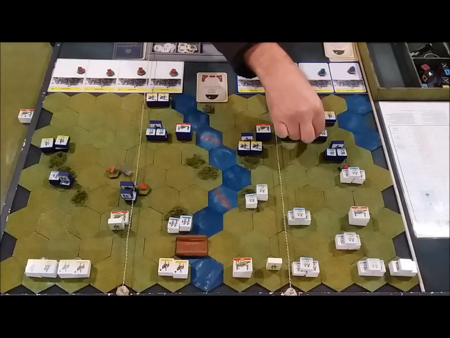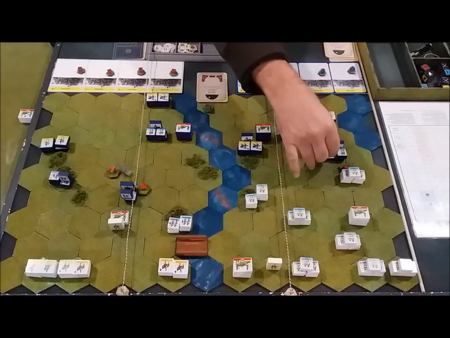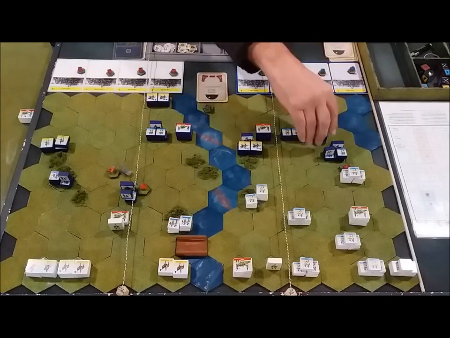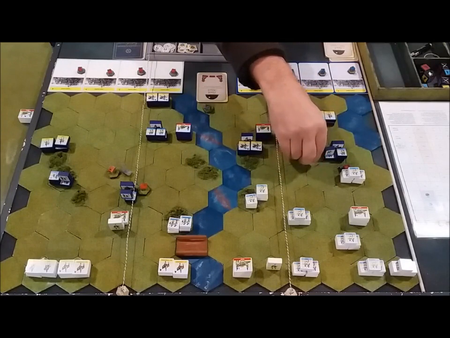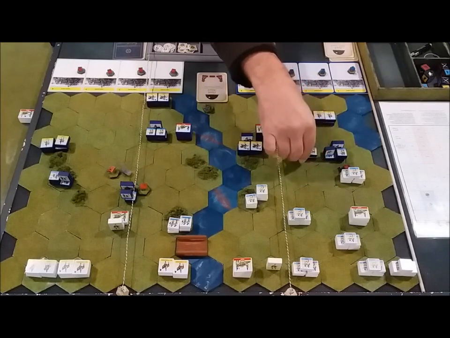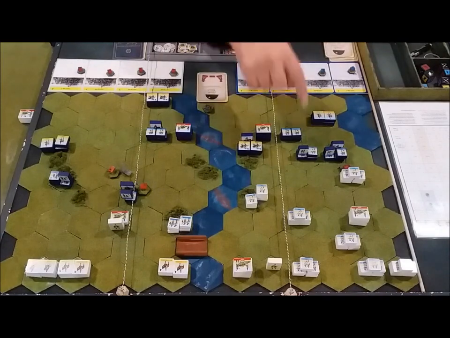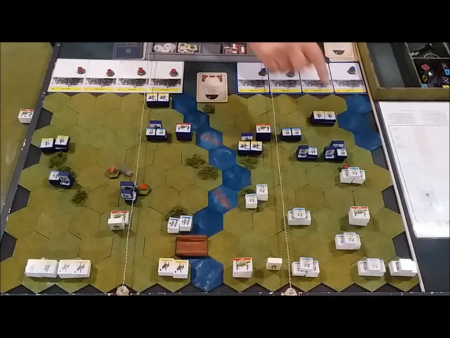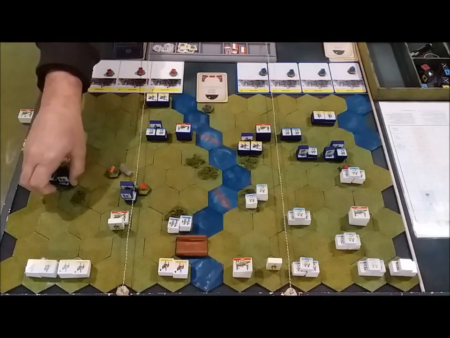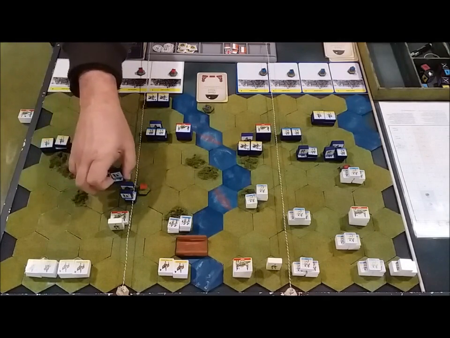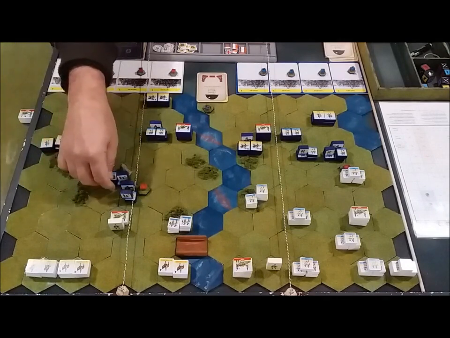Is this line unit here and this line unit here. So this line unit is going to move forward 1 to here, or not. Yes, they are. Like that. So they can bring them under fire. They can melee them as well. Over here, this light unit is going to go 1, 2 into here.